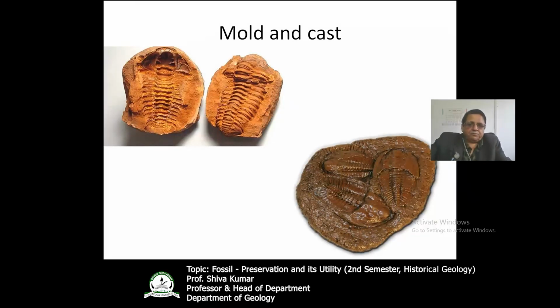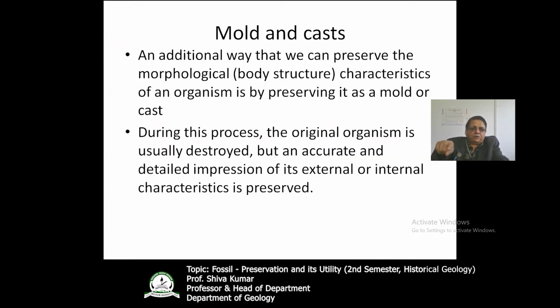Mold and cast are reciprocal to each other. Where we have elevations, we have depressions, and where we have depressions in the original structure, we have elevations in the mold and cast. Here there are two photographs where we can see how the mold and cast look.